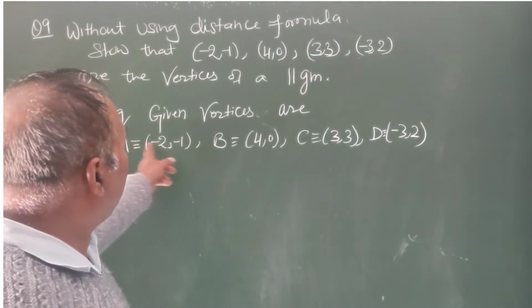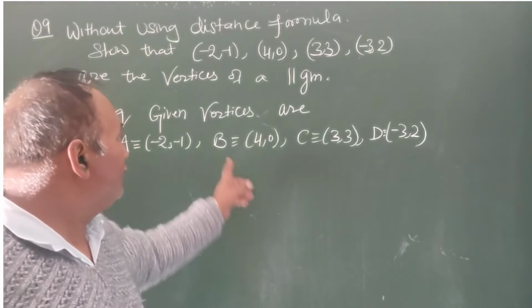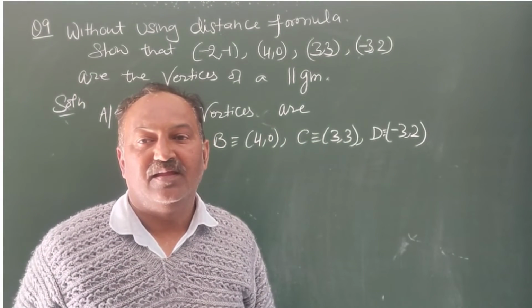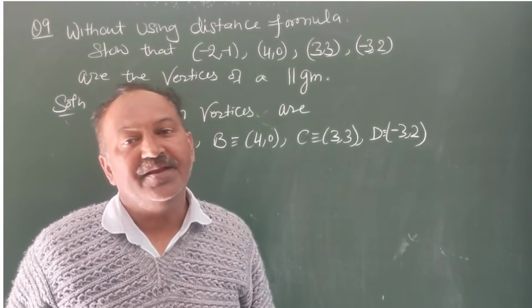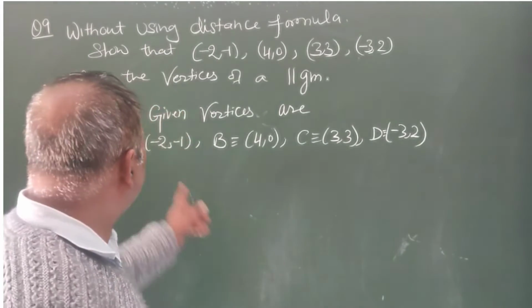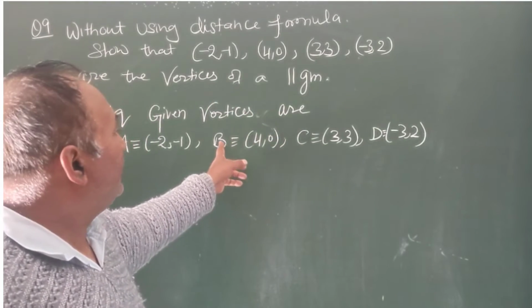And then again find the diagonals. In case of a rectangle, diagonal AC must be equal to diagonal BD, but in case of a parallelogram, the diagonal AC will not be equal to diagonal BD.